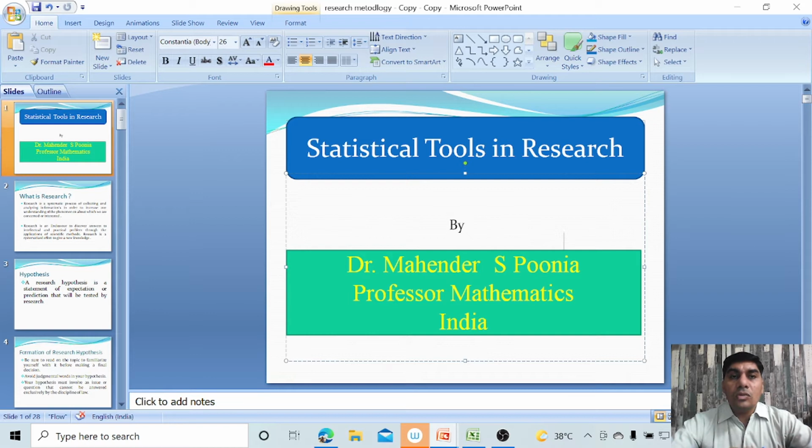We can compare research with the ocean. In the ocean, the deeper and deeper we go, the more valuable things we can find. Like this, in research, the deeper we go, the more fruitful results we can get. So first, what is research?